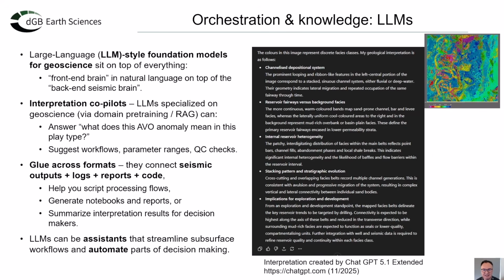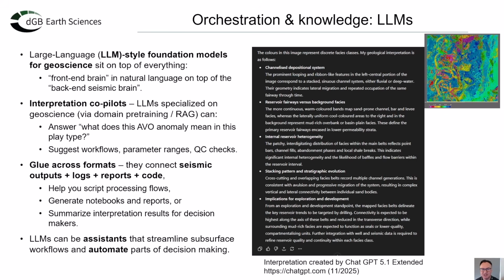Looking at orchestration and knowledge, large language models. These large language model style foundation models for geoscience sit on top of everything. You can think of them as a front-end brain in natural language on top of the back-end seismic brain, right?